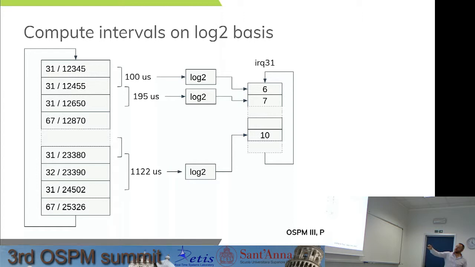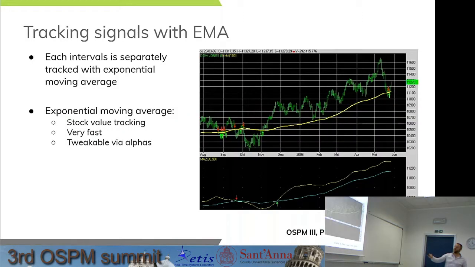Now when we compute the log2 of this value, we lose these values, and we don't want to lose them. So in addition, we use the exponential moving average. It's a mechanism used in trading, a low pass filter to track signals.